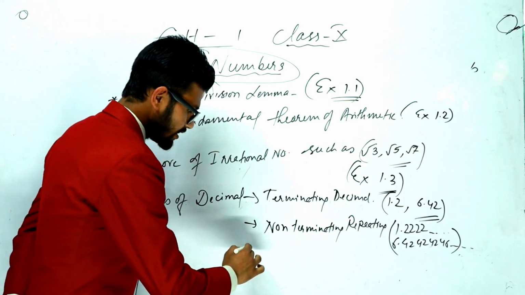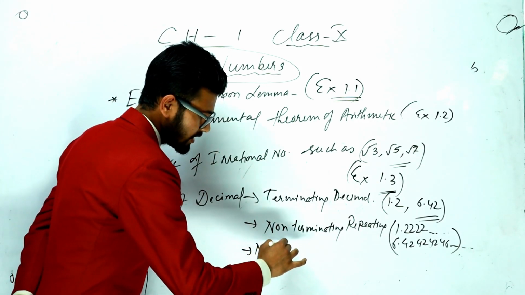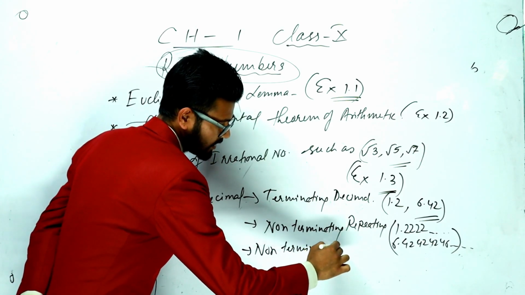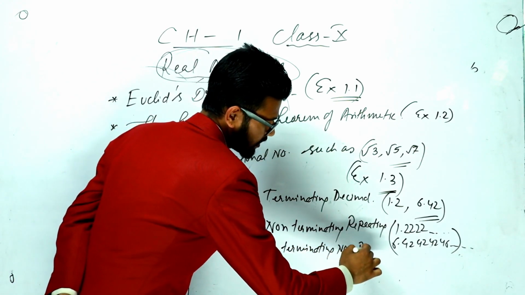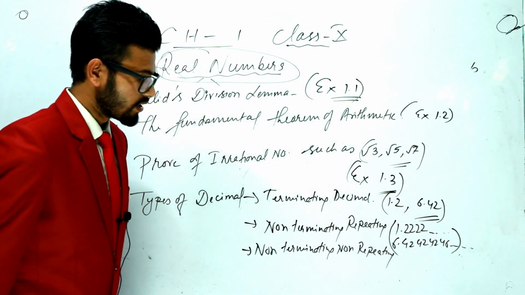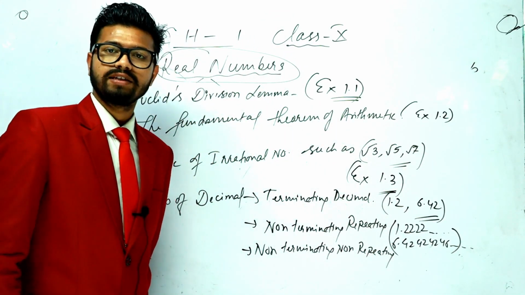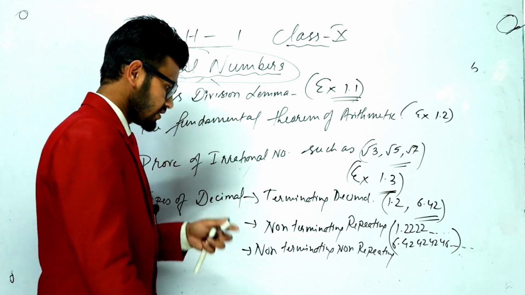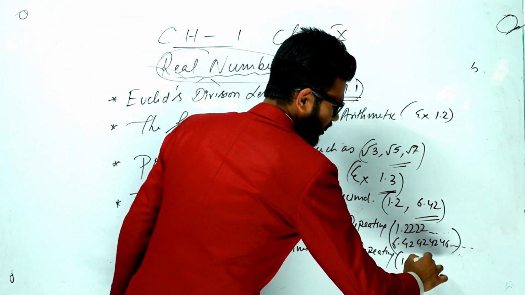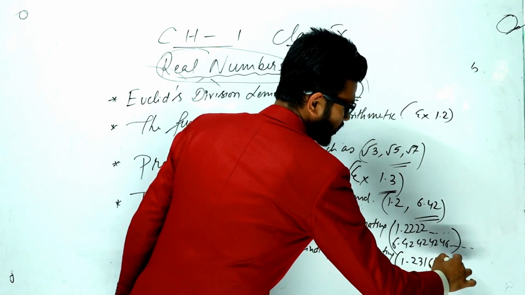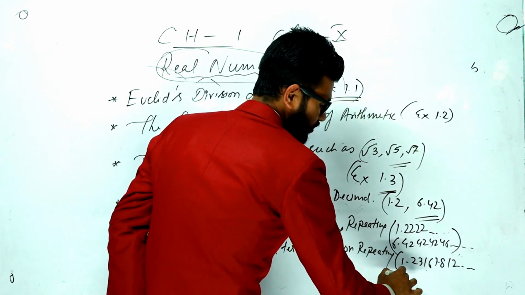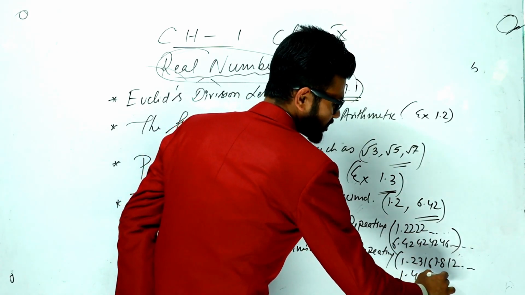The third form of decimal is non-terminating, non-repeating. It is neither stopping, nor is it repeating. For example, 1.23167812, the value of pi or whatever, like root 2, which is 1.416 and continues.